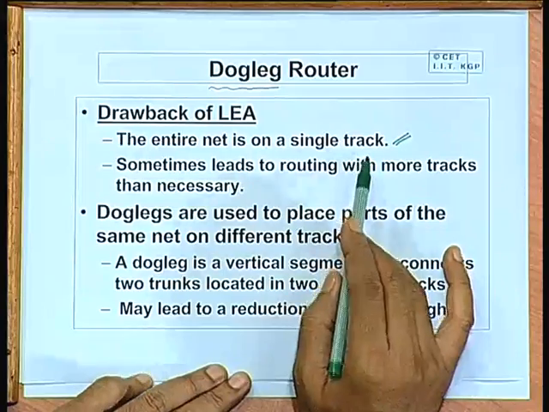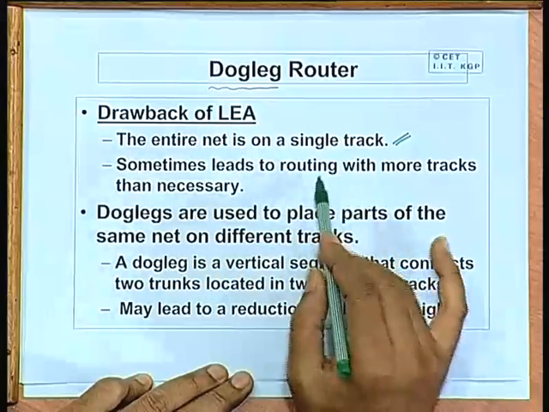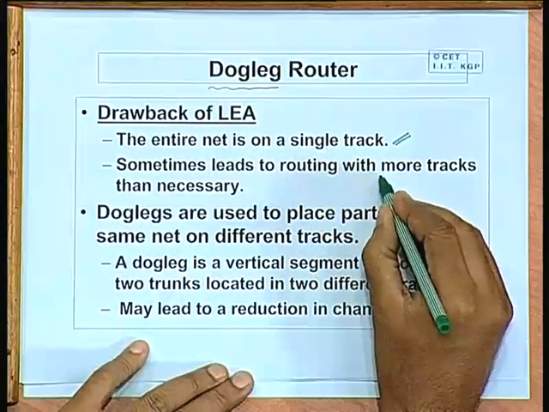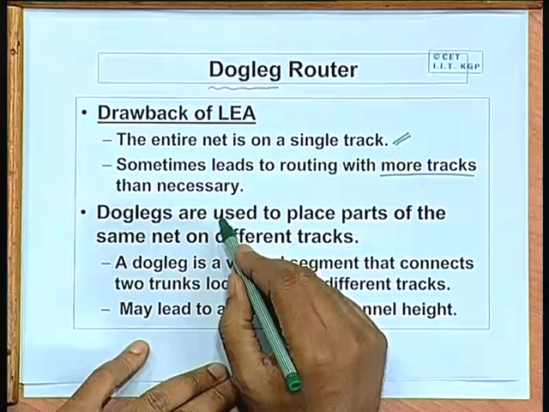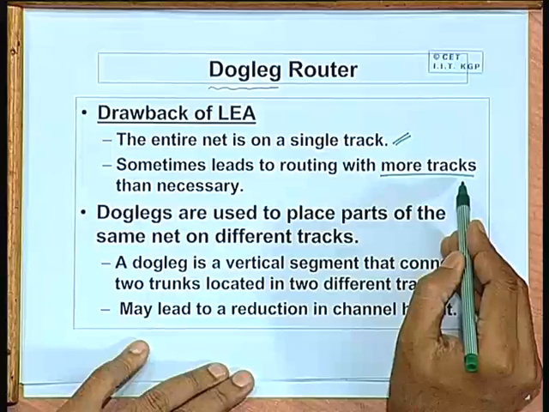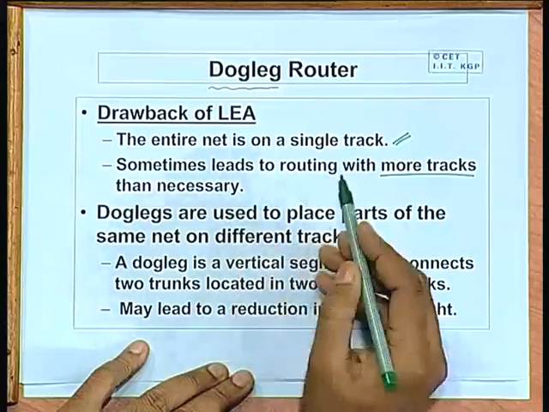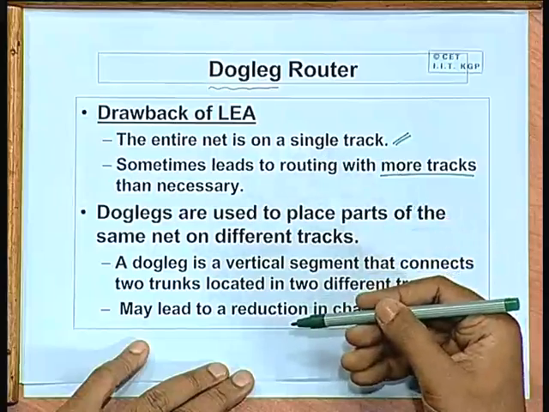In the presence of vertical constraints, you may get a routing solution using the left edge algorithm which takes more tracks than the optimal solution.